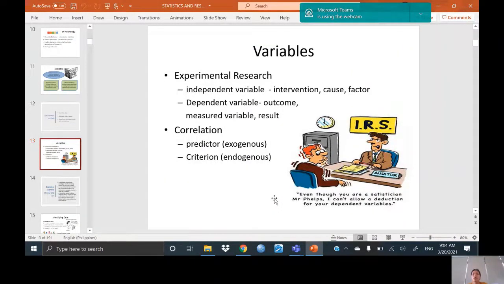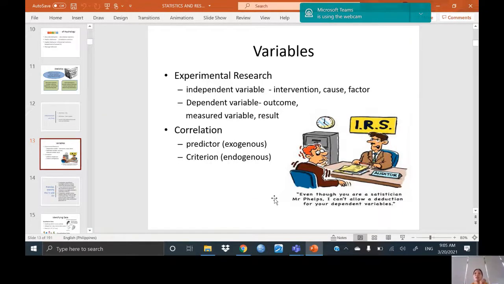While the dependent variable is the outcome or the result of something. So the independent variable is the x. If you have correlation, the independent variable is the x and the dependent variable is the y. So you just think cause and effect.